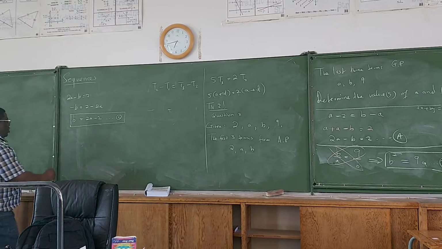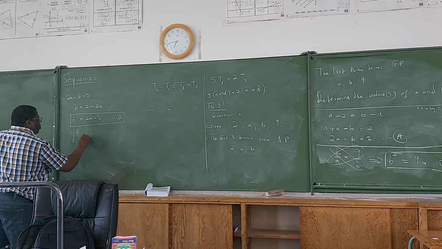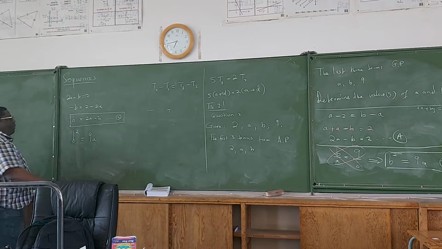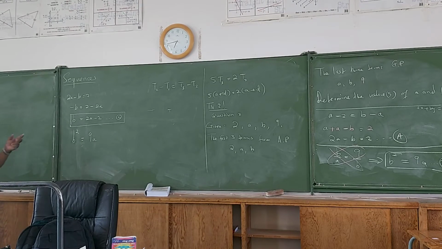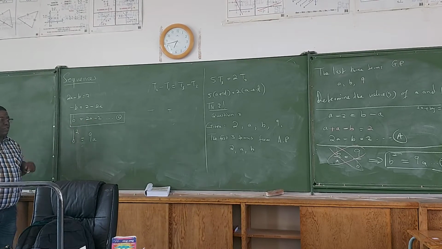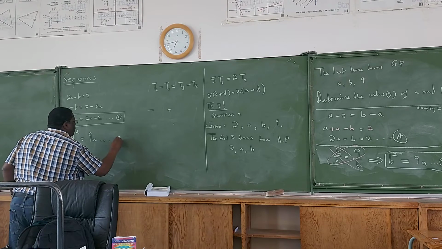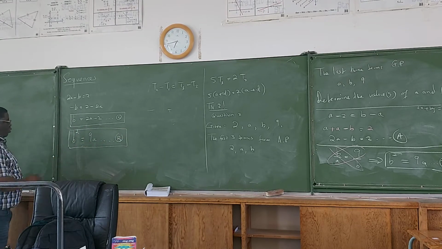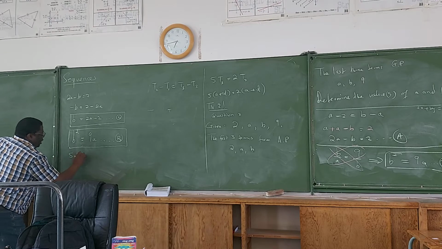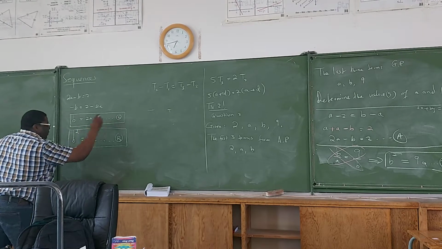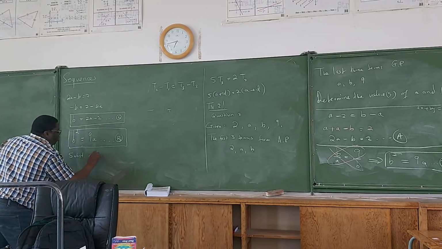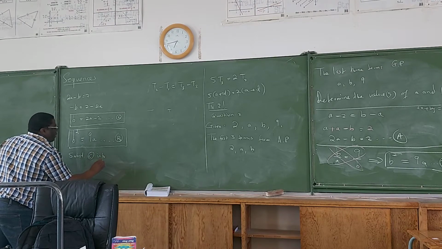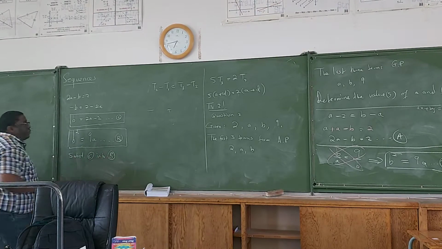The other one was B squared equals 9A. Just put that correctly. Now, we're going to put this here. So this was my B. So, substitute this one, C for B, into the second equation.